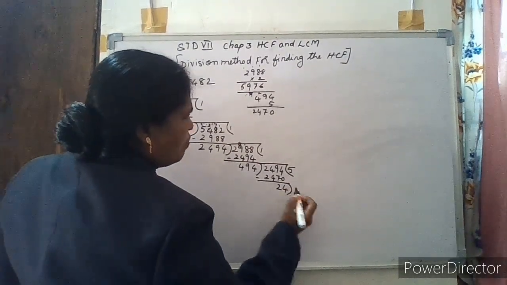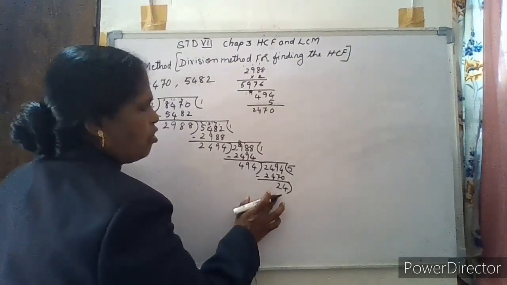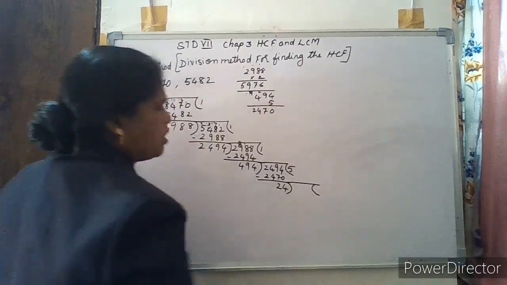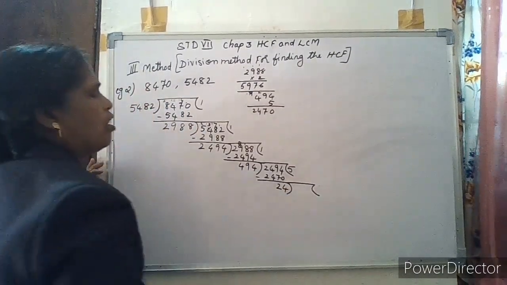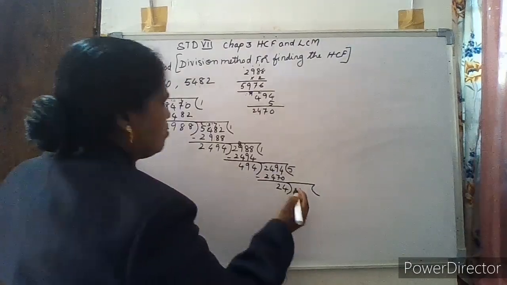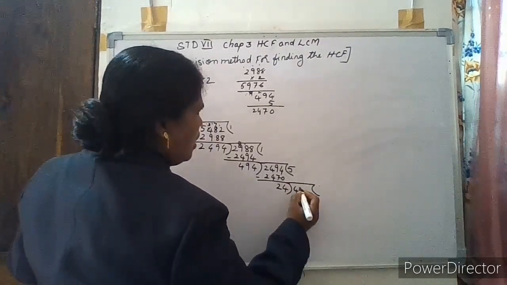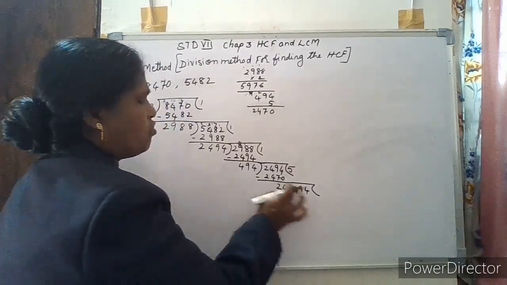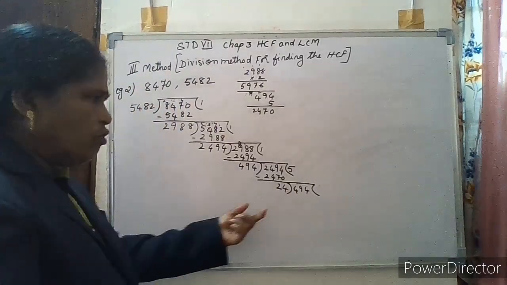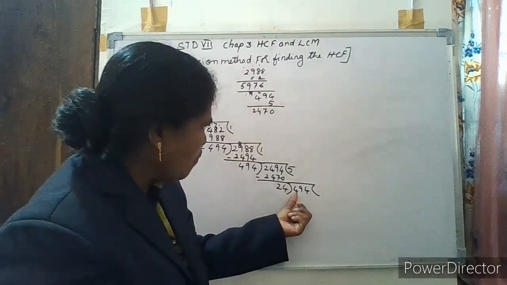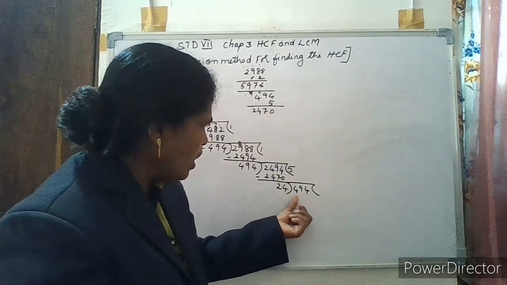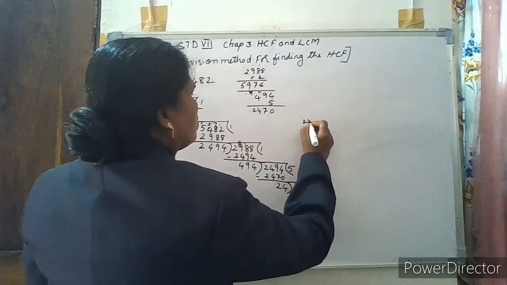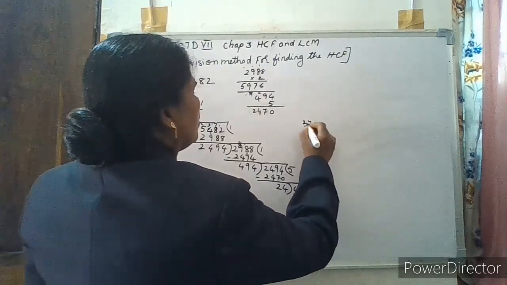Now the divisor has become, see, 3 digits here, I got 2 digits. That means I am coming to an end of the division, very near. Now the previous divisor is 494. This is a 3-digit number. This is a 2-digit number. So here you see, directly see first 2 digits. 49 is divisible by 24. 24 twos is how much? 48.